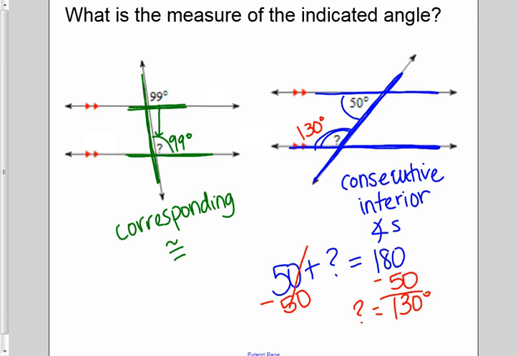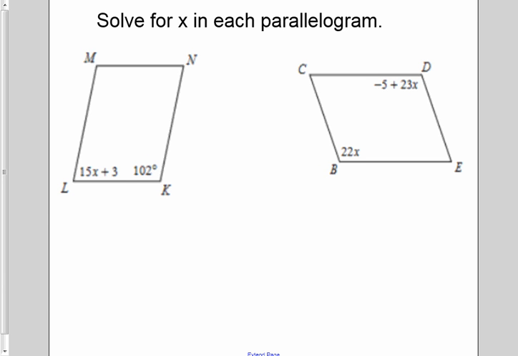So we can use these same properties in addition to what we know about parallelograms, and we can solve these problems. So this first one here says solve for x in each parallelogram. Well, what I have down here, these are on the same side of my parallelogram, and these are also known as consecutive interior angles.